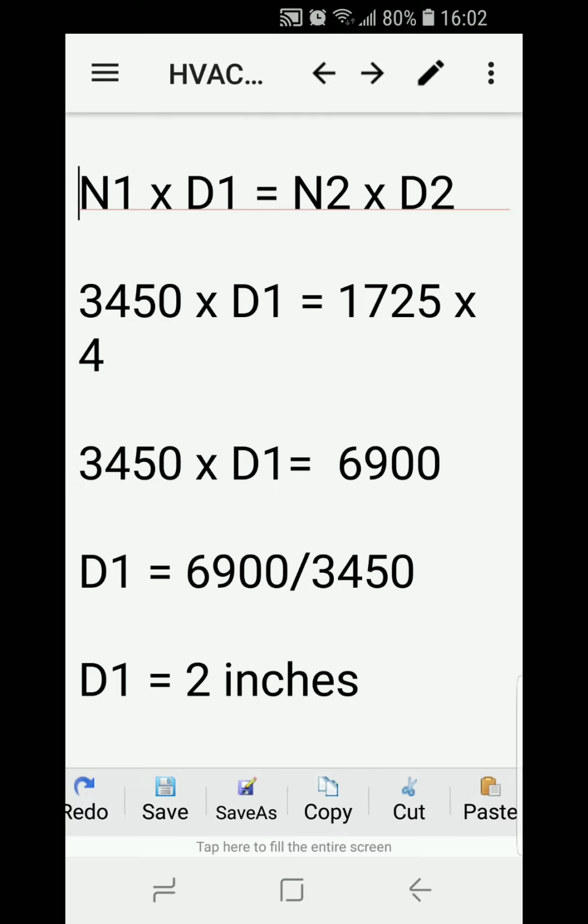It's 2 inches, which is half of 4. Also, the speed of the circulating pump is also half of the motor speed.